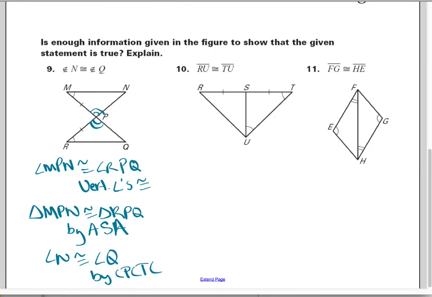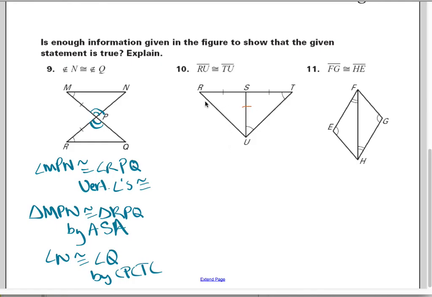Let's look at number 10. On number 10 here, I've got a side marked in each triangle, and I've got 2 angles marked in this other triangle here. They share a side here. One thing that's kind of cool is that the shared side, being an isosceles triangle here, has 1 mark, so this could also have 1 mark.